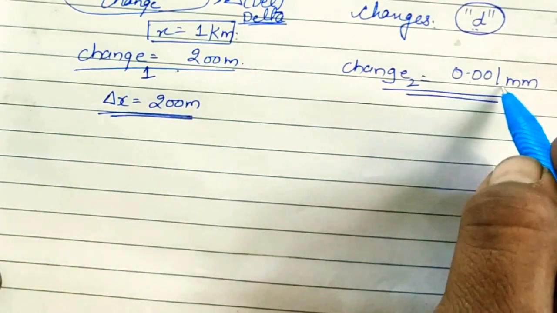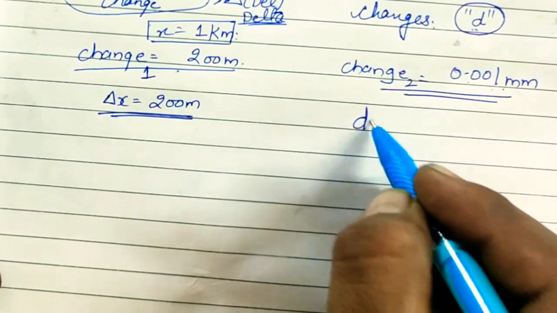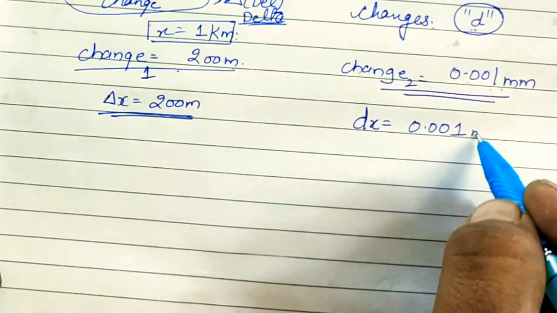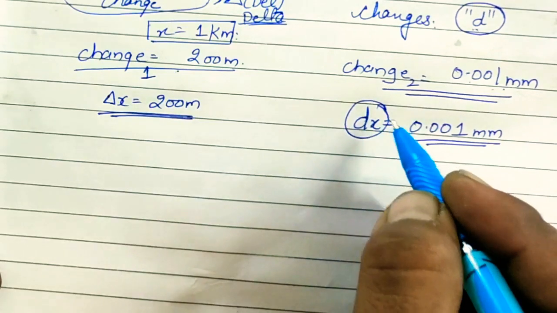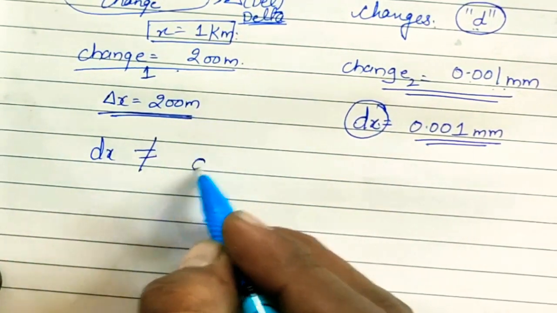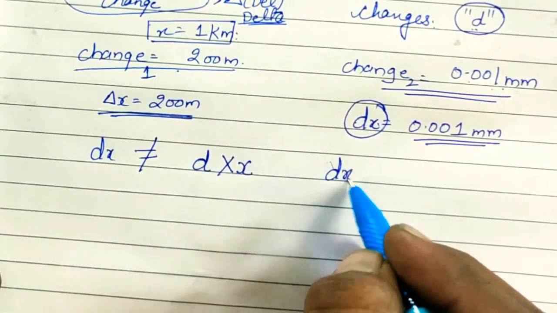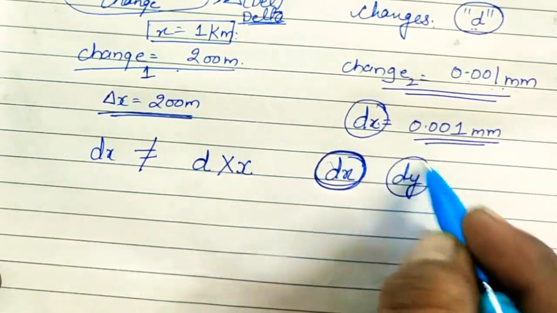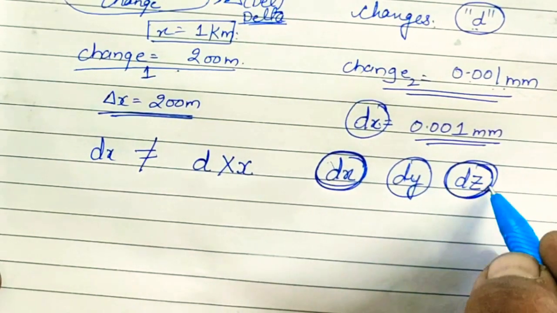But if I am talking about this very small change, I should not call it delta x, I should call it dx. So first of all you have to acquire the knowledge of what do we mean by dx. dx is not equal to d into x. dx is a complete term in itself, like dx, dy, dz. These are very small changes in x, y or z.